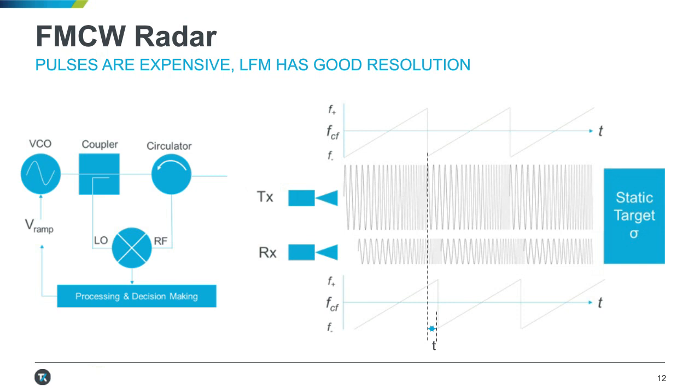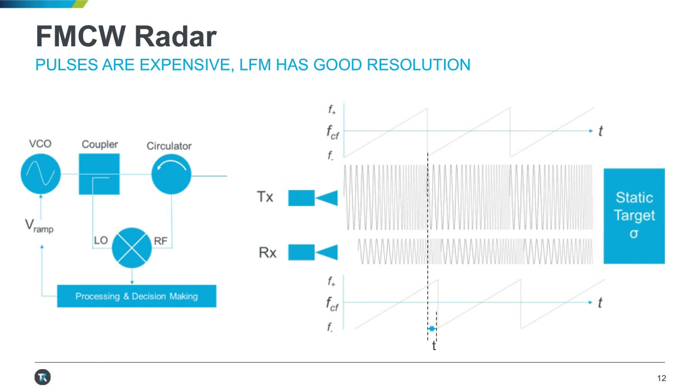There is a coupler in the transmit path, so we sniff off parts of our transmit signal from the coupler, and we also take the receive signal out of the circulator and put it through a mixer. And so what that allows us to see is the difference in the two frequencies, which we then put into some processing and decision-making system.